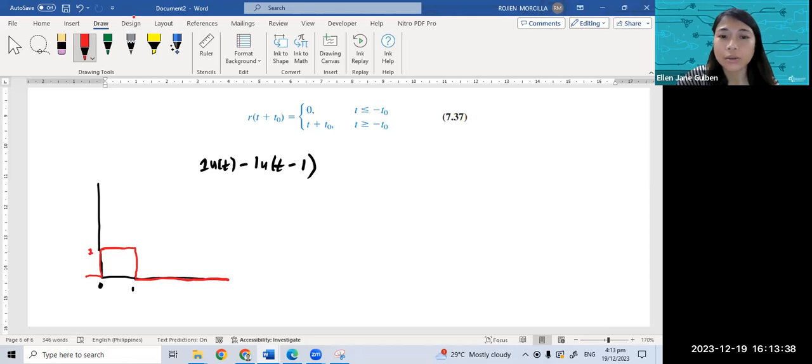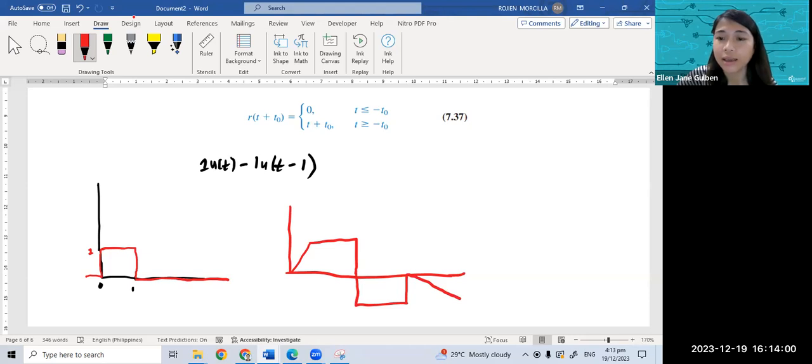So you can actually make a lot of singularity functions. For example, you have this one. You can actually get singularity functions out from this kind of graph.